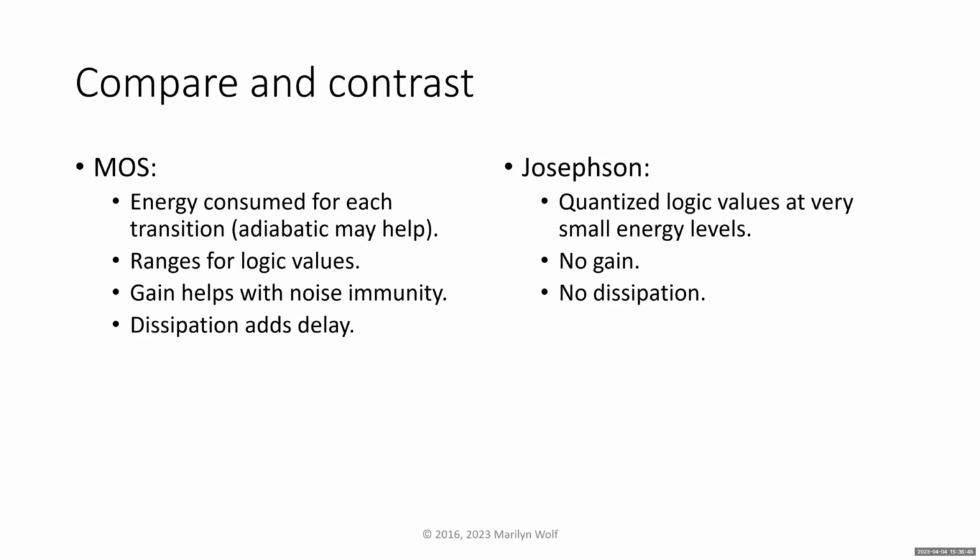We represent logic values using ranges of voltages. We have gain that helps us with noise immunity. We have dissipation, which adds some delay, but it also helps to dissipate certain types of noise.